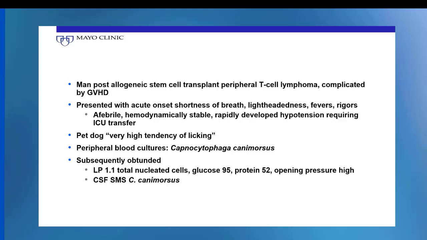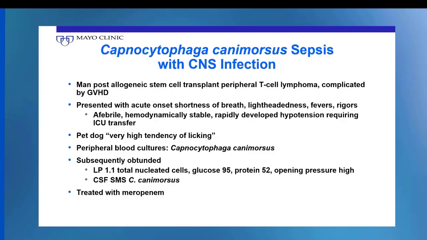And so they obtained an LP that, from the standpoint of cell count, glucose, and protein, was rather unremarkable, but keep in mind his status post-allogeneic stem cell transplant. His opening pressure, however, was high, and shotgun metagenomic sequencing of his cerebrospinal fluid revealed Capnocytophaga canimorsus.